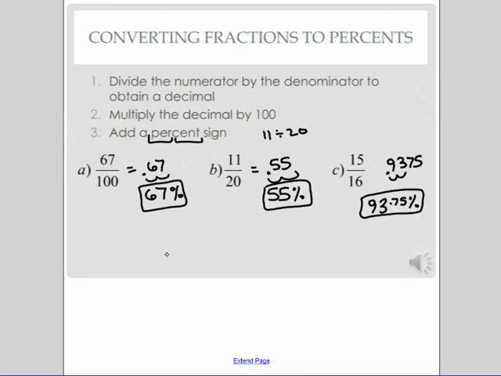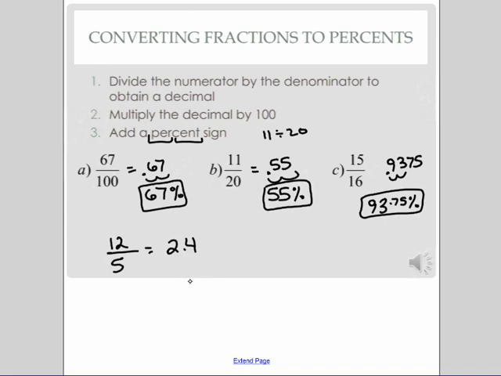Okay. Let's look at another one here that may be a little bit different. What if you have 12 over 5? I'm just making this up as we go now. 12 divided by 5. And if you put that in your calculator, you're going to get 2.4. Now 2.4, you still got to go through the same thing. This is not 2.4%.